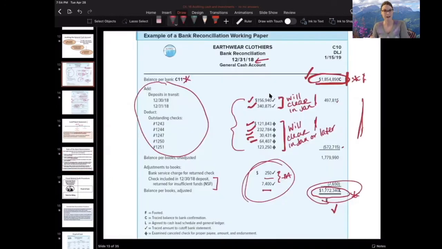I don't have a cash lead schedule slide, so I can't do that. But basically what it means is I have the balance per books here, right? It's the 1,772,340. That's my balance per books. And I'm going to also have a nice schedule which has all the cash account balances.